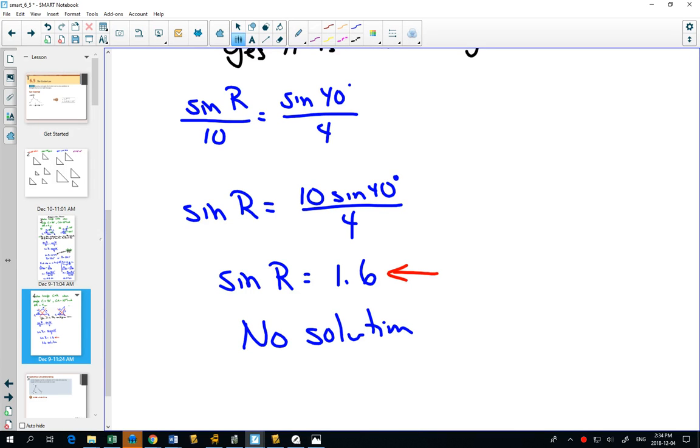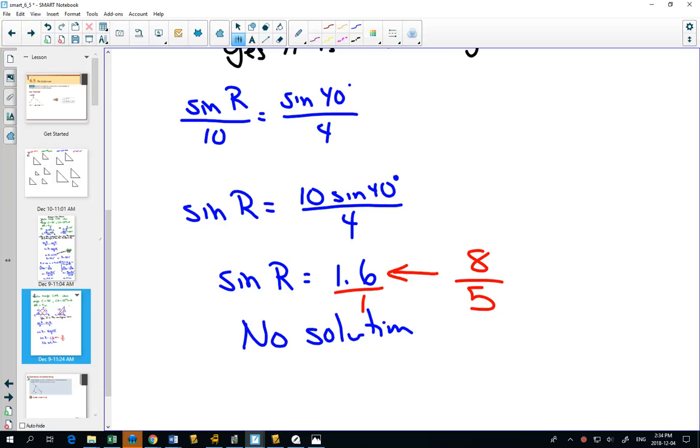One thing to look at. Can you write 1.6 as a fraction? What's 1.6 as a fraction? 8 over 5. Okay? Good. Or you could write it as 1.6 over 1.